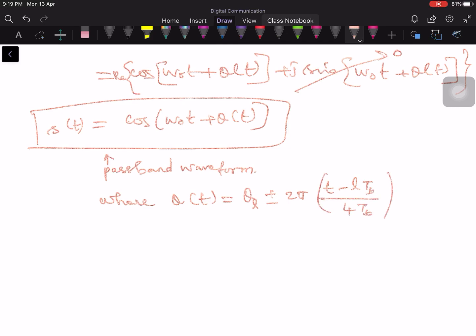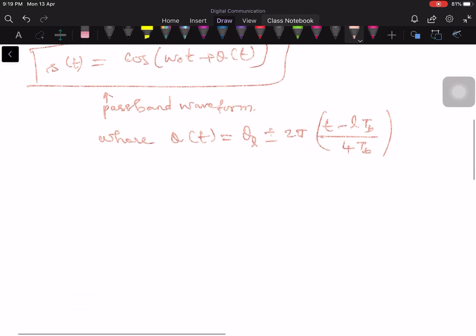Now let me rewrite this. So this is equal to theta L plus or minus 2 pi times t by 4 TB, then minus r plus 2 pi times L by 4. TB and TB will get cancelled. So this is your theta of t.